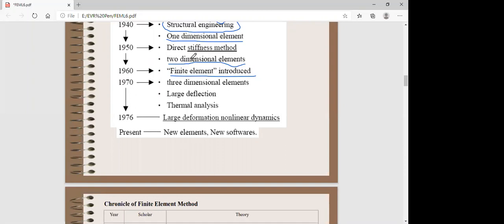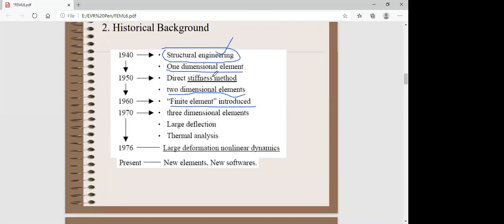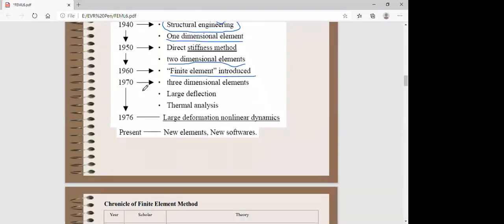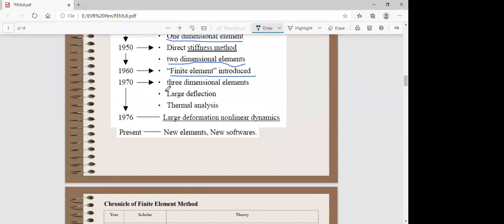Before 1960 there was no such name, but the procedure was the same. Here, one scientist gave this method the name finite element method. From 1970 to 1976, they worked on three-dimensional elements, large deflection, and thermal analysis, thermal applications.